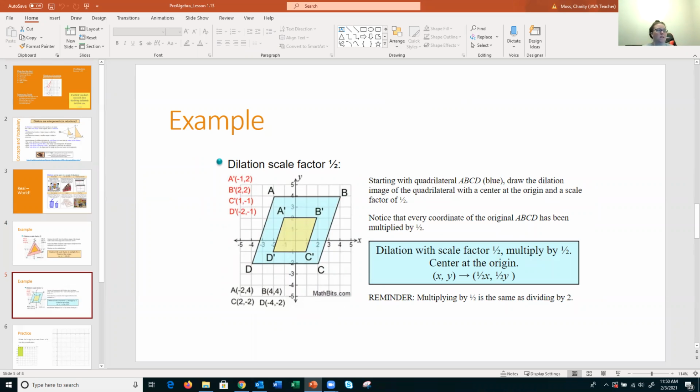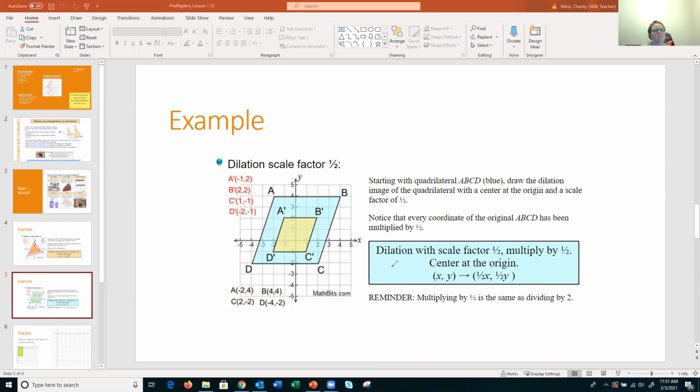So if we're looking at this, the A, B, C, D, without the little primes, the little apostrophes, the blue parallelogram is our original figure. And then we're shrinking it to get A prime, B prime, C prime, D prime. That smaller yellow parallelogram is what it is.